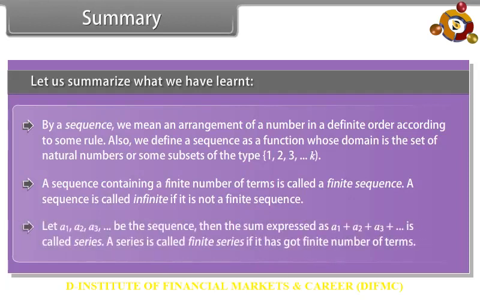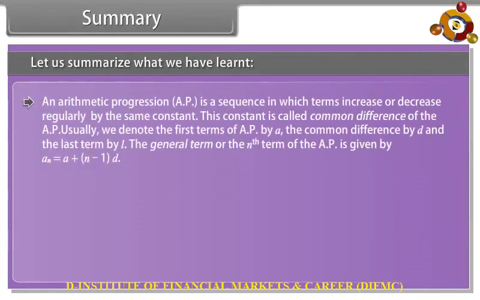Let A1, A2, A3 and so on be a sequence, then the sum expressed as A1 plus A2 plus A3 plus and so on is called a series. A series is called a finite series if it has a finite number of terms. An arithmetic progression, AP, is a sequence in which terms increase or decrease regularly by the same constant. This constant is called the common difference of the AP.